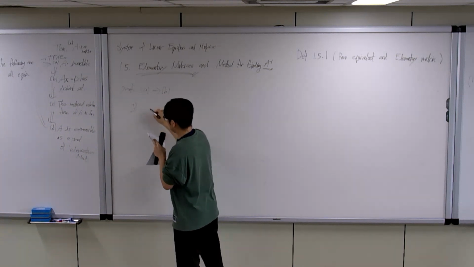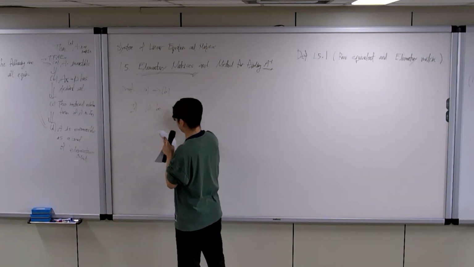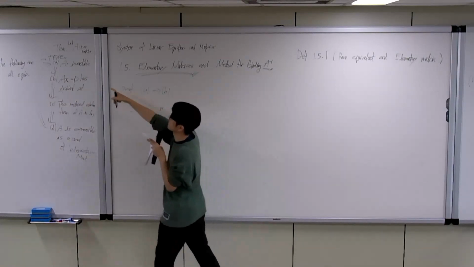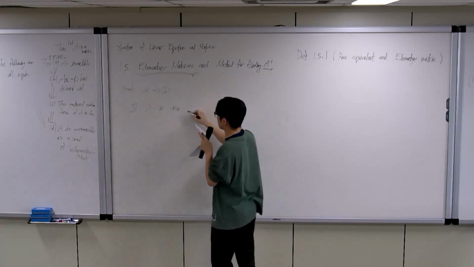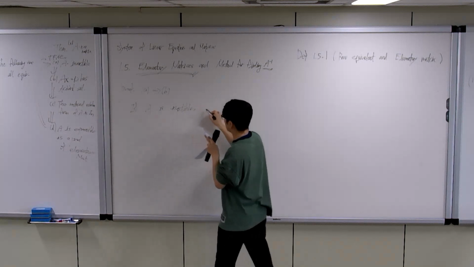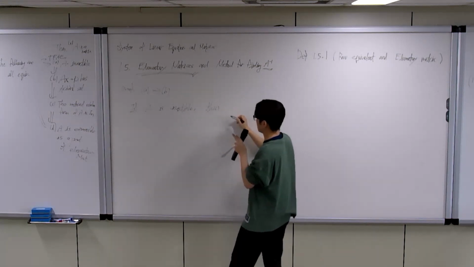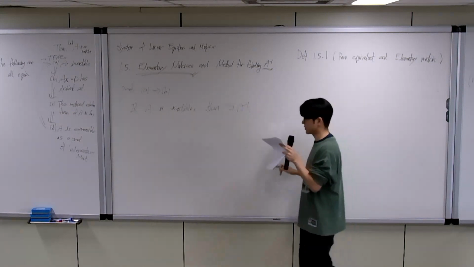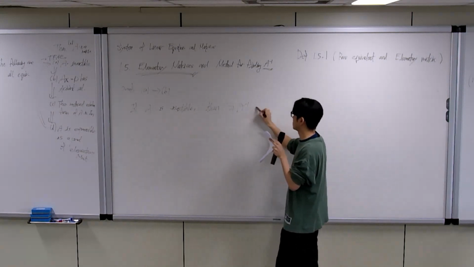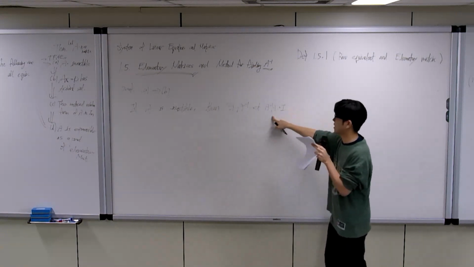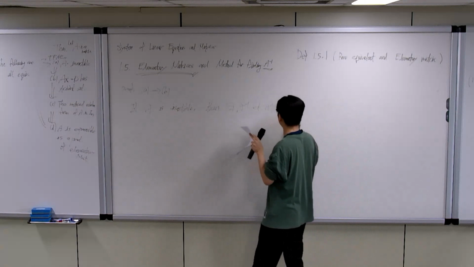So if A is invertible, by statement A, A is invertible. Then we have an inverse matrix. I will write this: it satisfies A inverse A is identity.